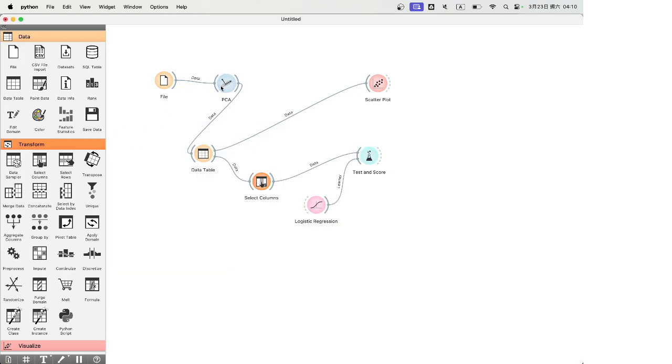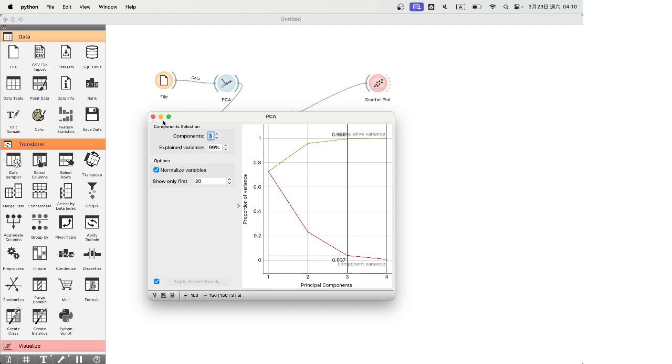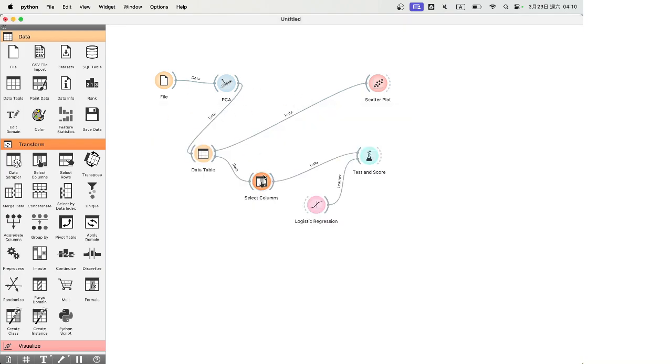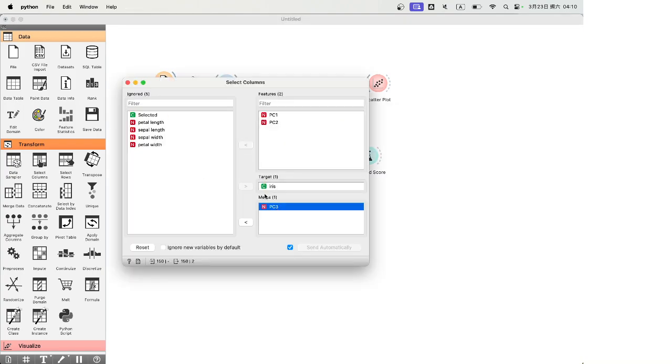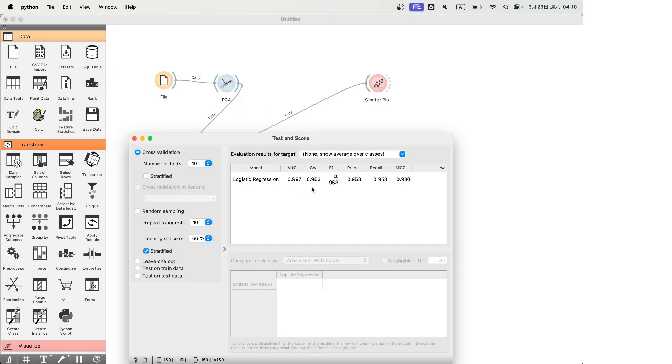But as you can see, for the iris data set, even if you have 3 components, the accuracy is not as high as when you use all 4 original features. But in some data sets, if you perform PCA and discard a little bit of variance, the classification rate might be higher.